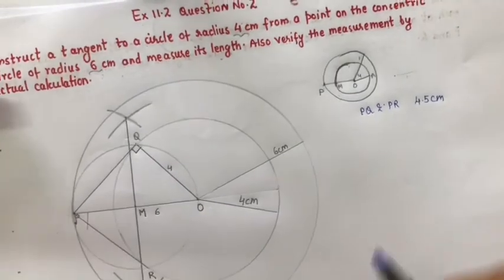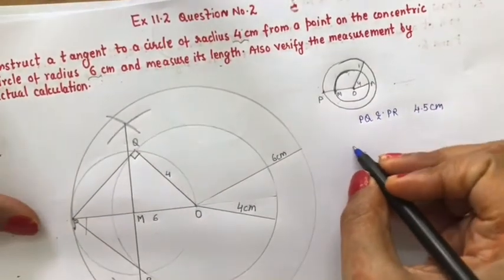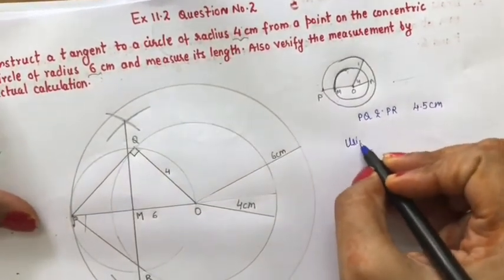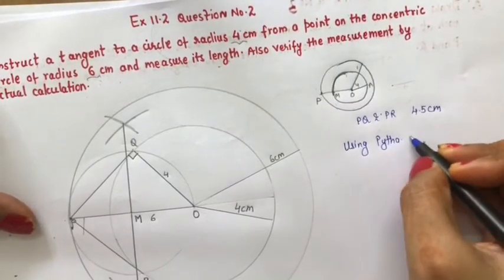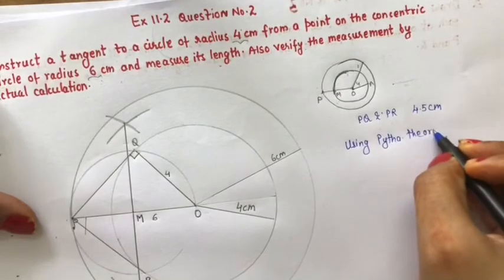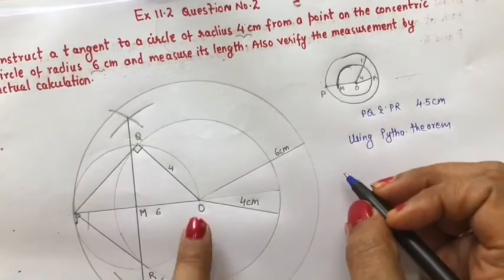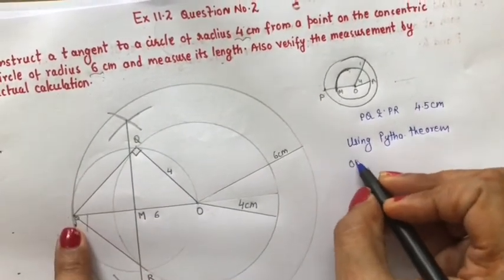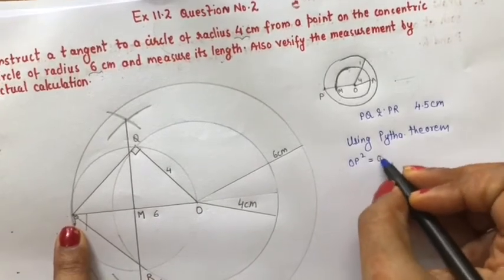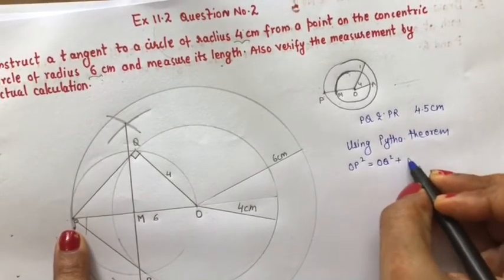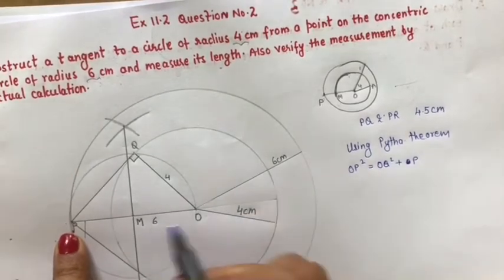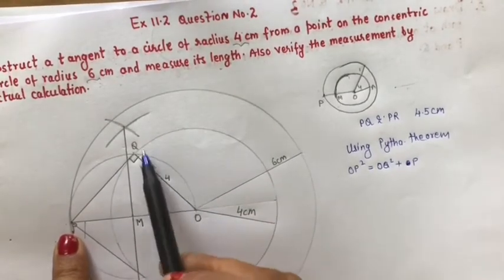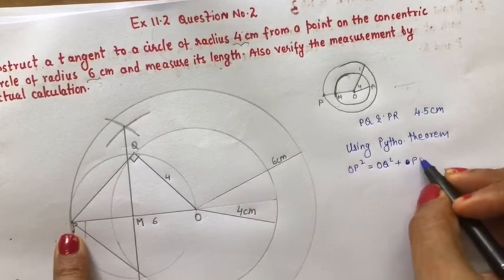Which is the hypotenuse? OP. So OP square is equal to OQ square plus PQ square.